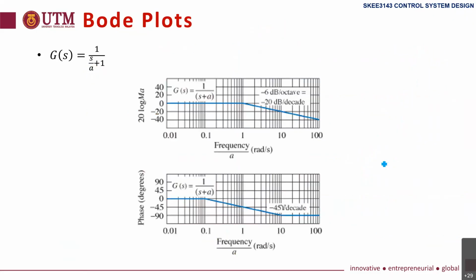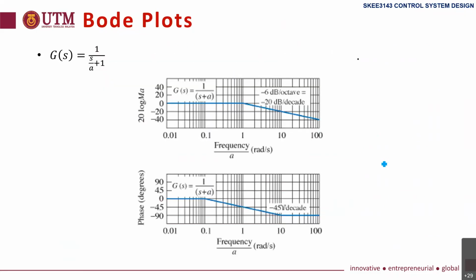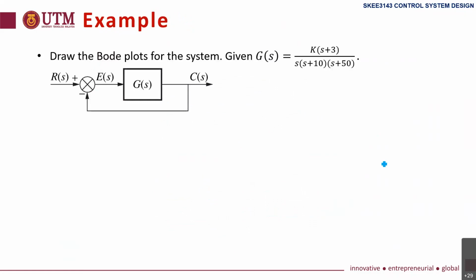In the next class, this is the one I took from the book. We will sketch a Bode plot given this system. Now it becomes a big system. Remember, initially we just did one by one. One case, 1 over S, S over A plus 1, but now many. There are 3 poles, 1 zero, 1 constant. How can we draw a Bode plot for this type of system?